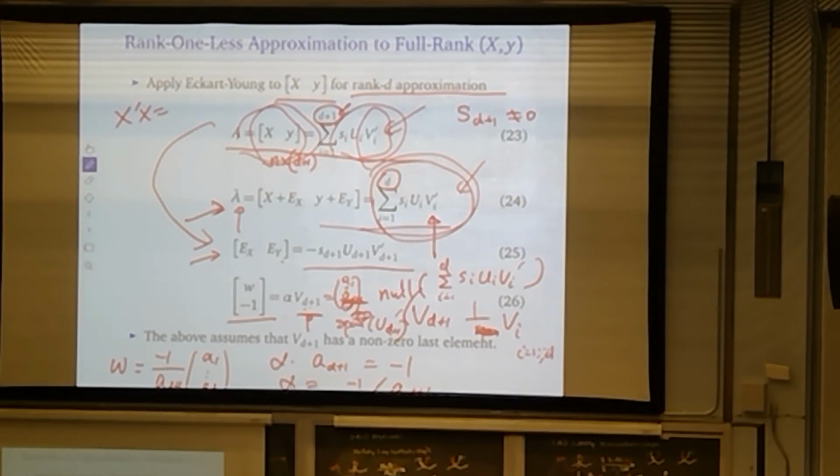If X is USV transpose, then X transpose X is essentially V S squared V transpose. So it's also the case that only the right singular vector matters.